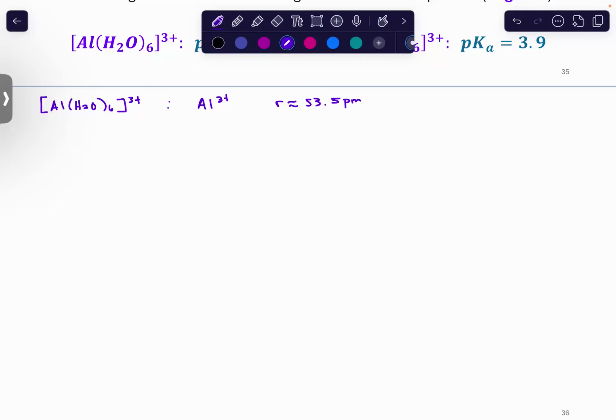That's something we can compare. In a lot of acids, the size of that radius is small, so that's going to be a higher charge density on the aluminum. That would suggest more polarization of the OH bond, but we've already seen the pKa's.